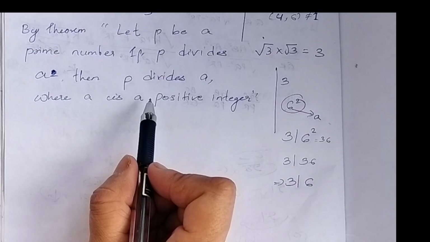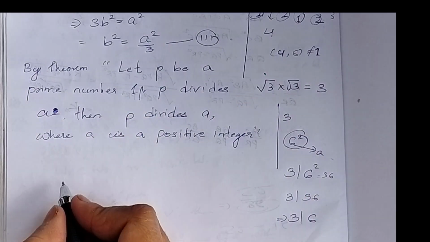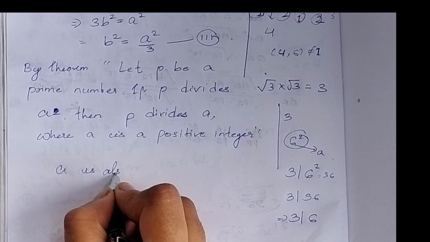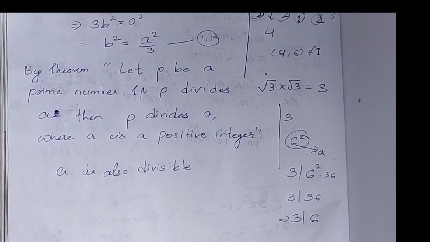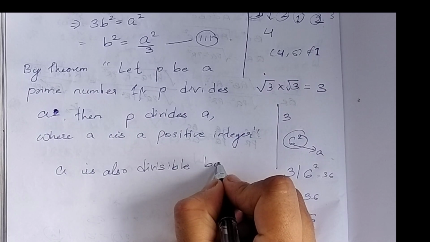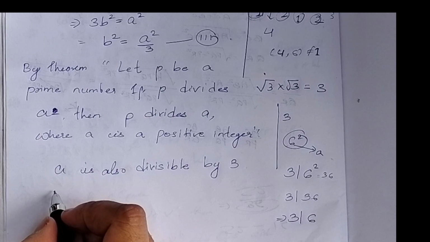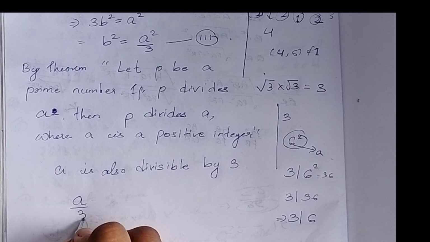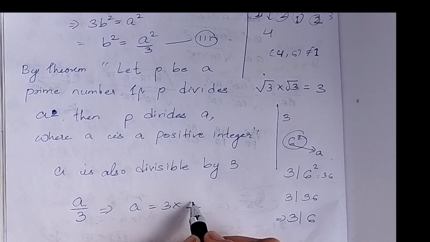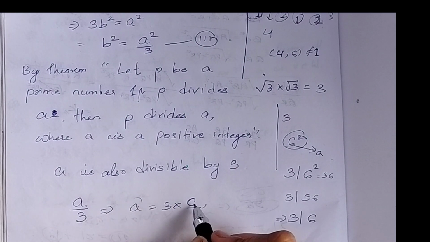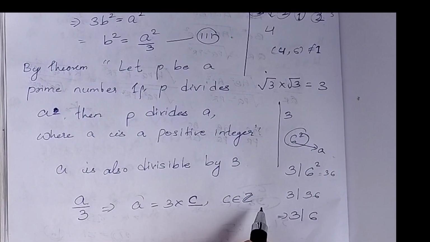So with the help of this theorem, what we can say is that since a square is divisible by 3, a is also divisible by 3. So a is divisible by 3 means a can be written as 3 into something, and let that something be c, where c belongs to integers.